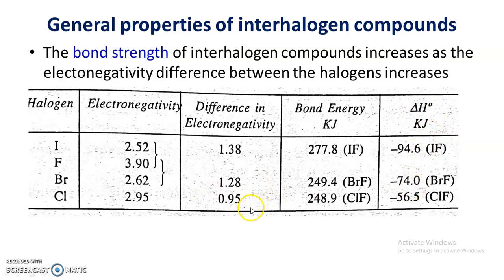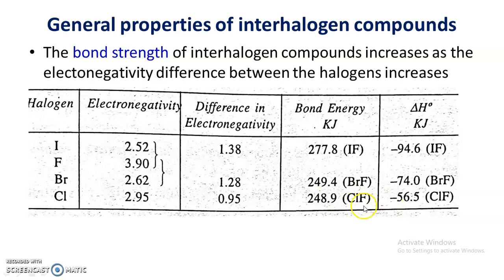Now consider the formation of a bond between chlorine and bromine. In that case, the electronegativity difference between bromine and chlorine is 0.95. So the electronegativity difference still decreases, and therefore chlorine monofluoride has a bond energy of 248.9, which is less than the bond energy of bromine monofluoride.